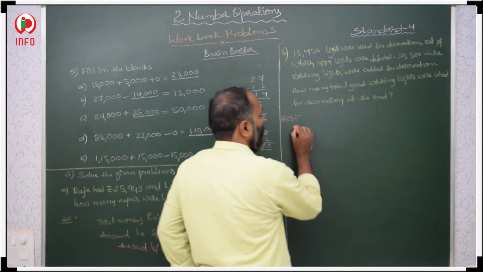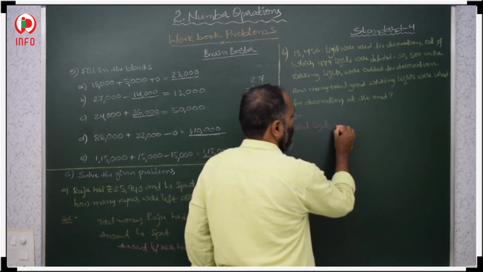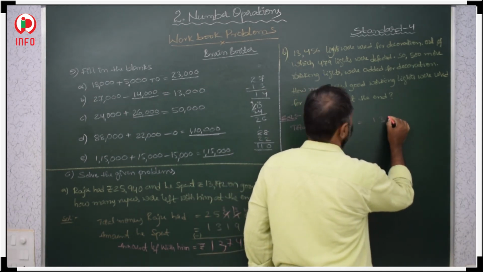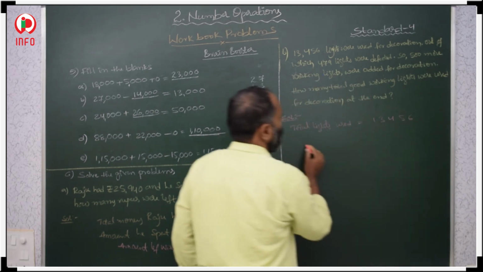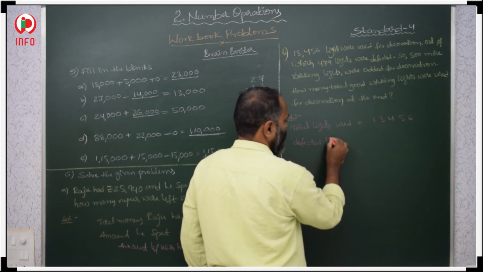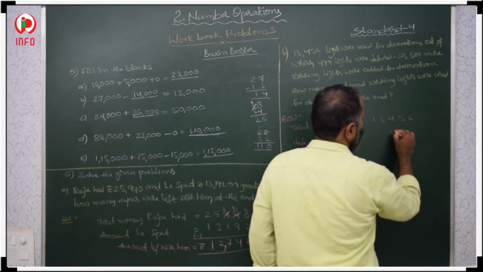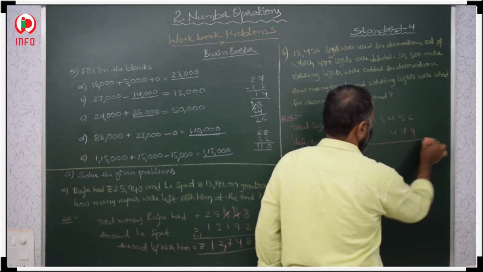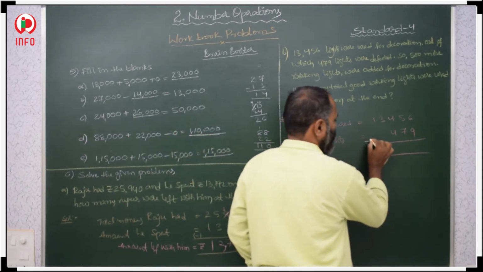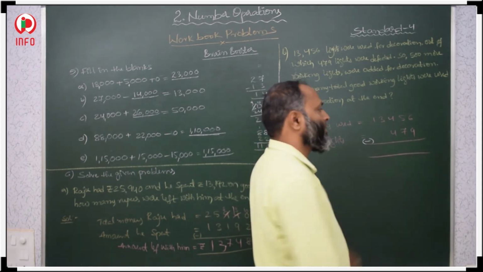Total lights used: 13,456. Defective lights, how many? 479. Then minus. 6 minus 9, this is not possible, so take borrow.